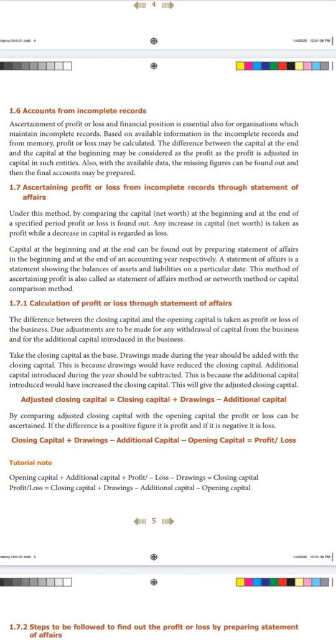If it is negative, for example minus 5,000 when you deduct the opening capital, it is to be considered a loss. Out of these five pieces of information, that is closing capital, drawings, additional capital, opening capital, and either profit or loss, any one will be missing, and that is what we have to find out. These are the kind of sums that we'll have in the beginning.